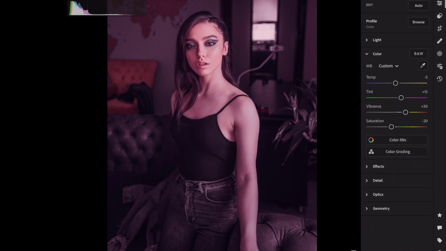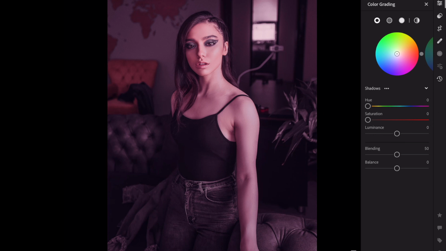Open the color grading section. Let's edit the shadows. Hue, plus 226. Saturation, plus 50. Luminance, minus 50.